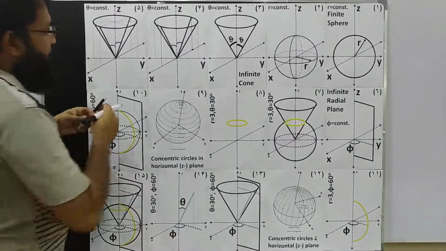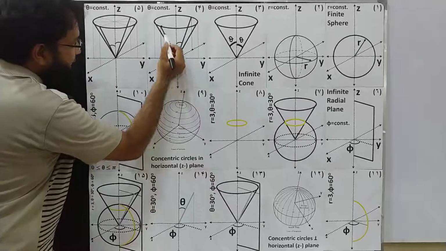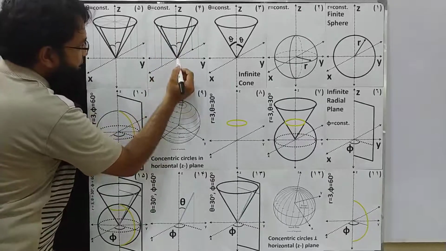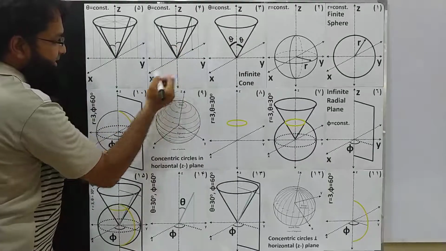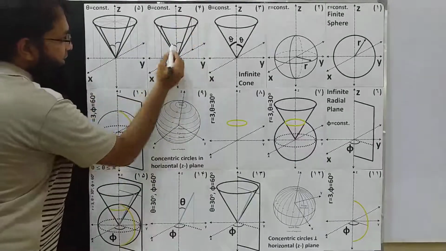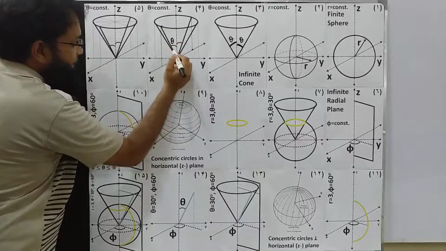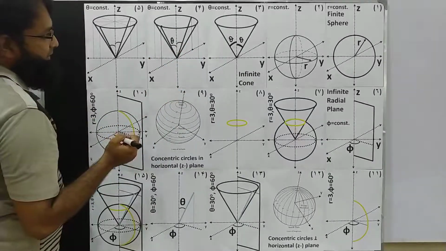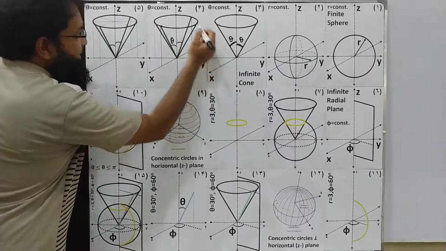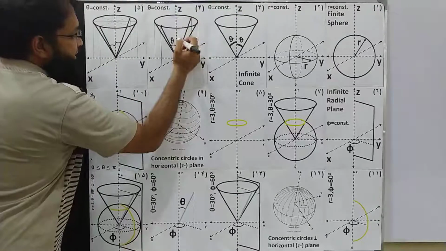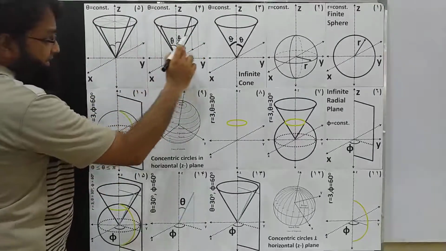This line is joining this point to the origin, and this line is, let's say, on the XZ plane. So this line is also making an angle theta with respect to the Z axis. Similarly, this line on negative x and the Z axis is also making the same angle.